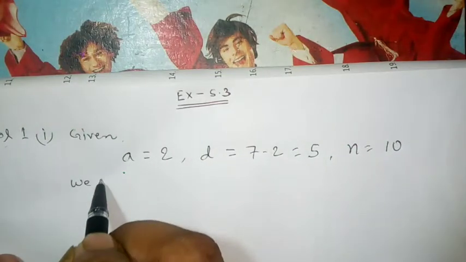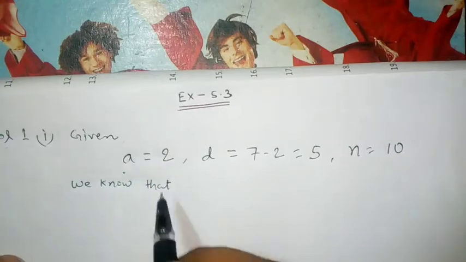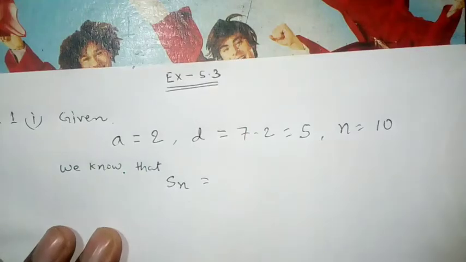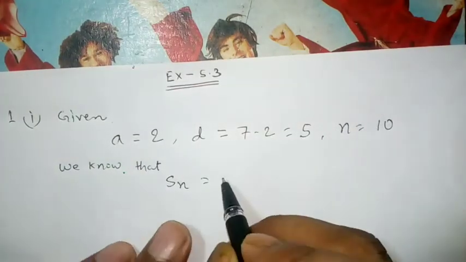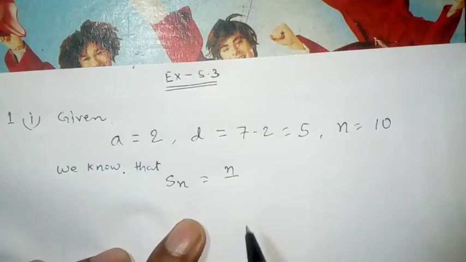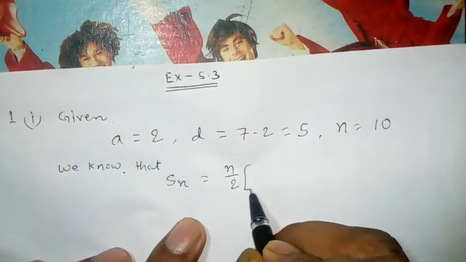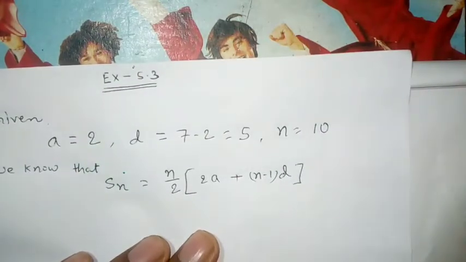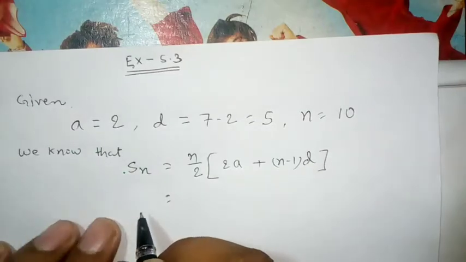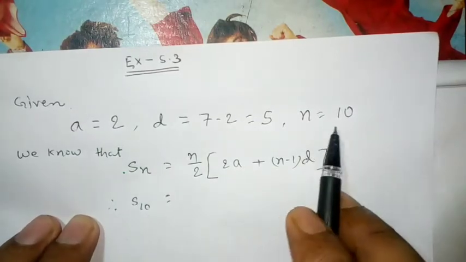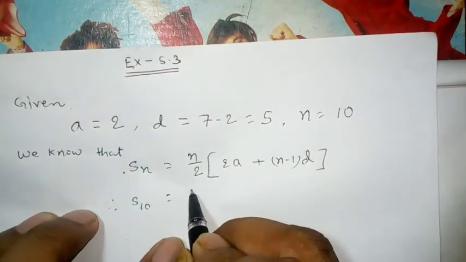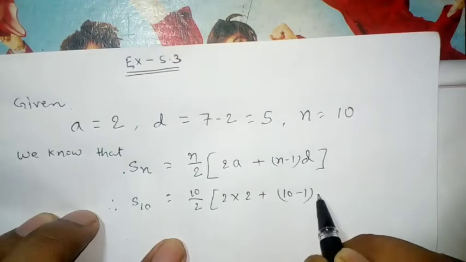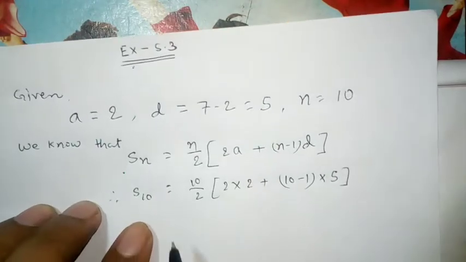We know that Sn, the sum of n terms in an AP, is equal to n by 2 into 2a plus n minus 1 into d. Therefore S10, n is equal to 10, so S10 is equal to 10 by 2 into 2 into 2 plus 10 minus 1 into 5.